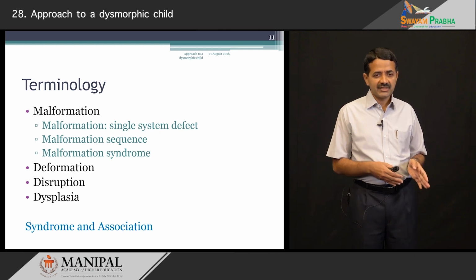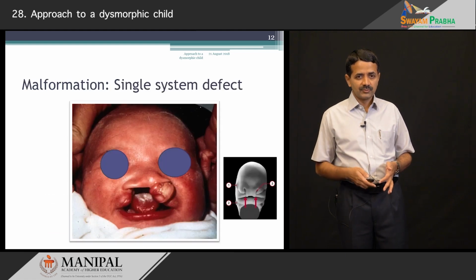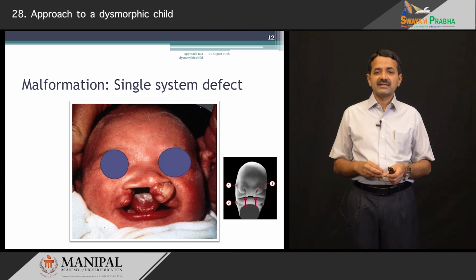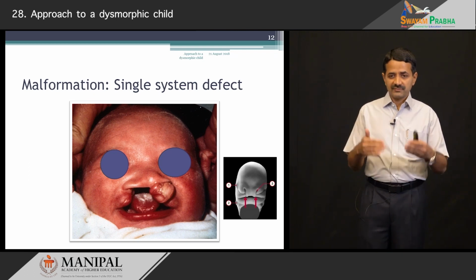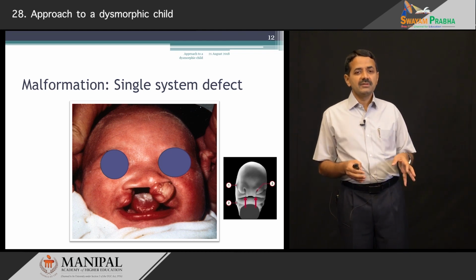We also use terms like syndrome or association. I will discuss these things soon. So, if you see this kid has an embryonic defect in the upper lip and palate due to failure of fusion of several embryonic parts, confined only to the lip and palate.